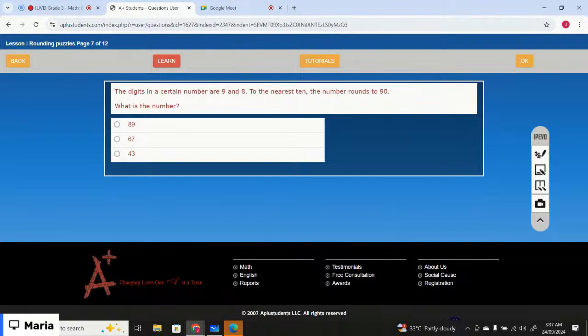The digits in a certain number are 9 and 8. To the nearest 10, the number rounds to 90. Which is the correct option?